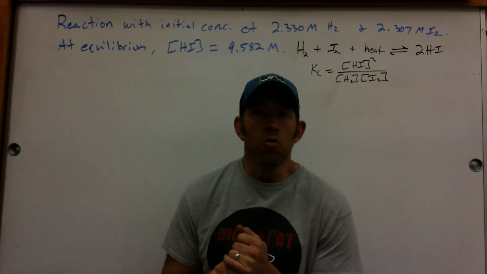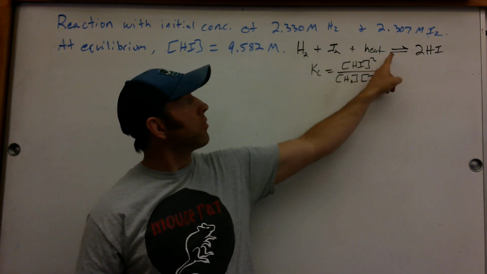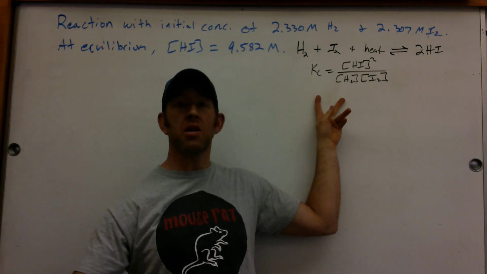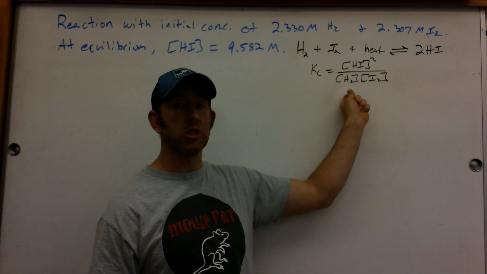All right. So moving forward, I've taken our reaction and our equilibrium constant expression and written those up here. They're going to stay up there for the moment. We're going to use this expression a couple times.